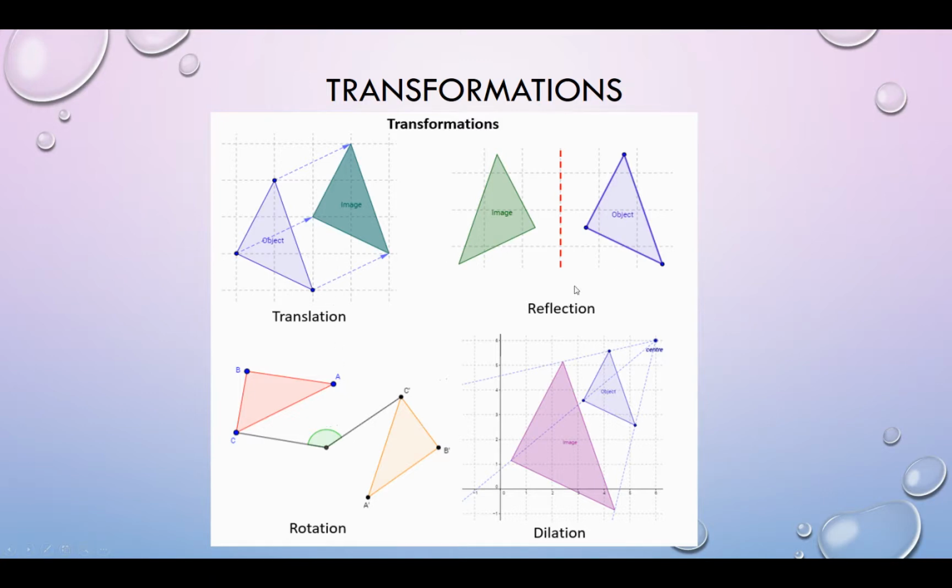The first three, translation, reflection, and rotation, are rigid transformations because the object does not change its shape or form. It's just translated, reflected, or rotated. On the other hand, a dilation is also a transformation, but you can clearly see that the object changes size.